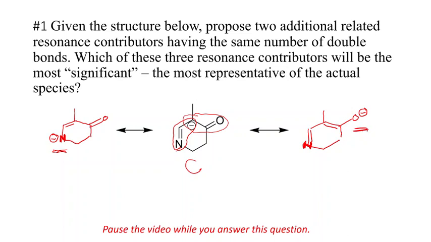And we know that oxygen is more electronegative than nitrogen, and nitrogen is more electronegative than carbon. So oxygen is the most electronegative atom here. We've delivered the electrons to the most electronegative atom, and that is going to be our preferred, most significant structure. So, how'd that go?